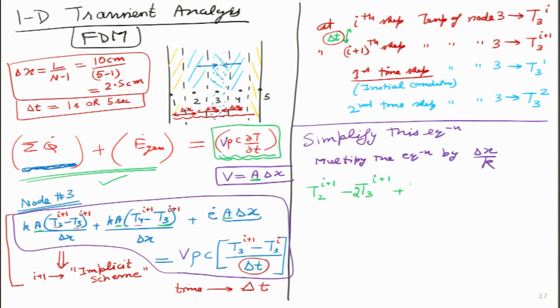Then we will have T4, temperature of node 4 at time i plus 1. So, these are the 3 terms that I will get over here. Then I will also have this 4th term, which I have multiplied by delta x by k. So, this will become E dot delta x square by k. Okay. Please recheck this calculation.